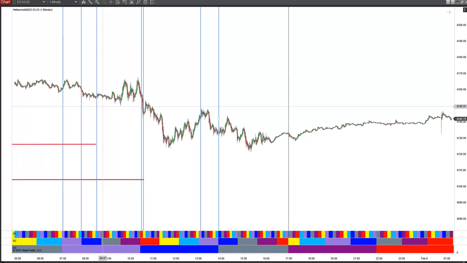And then the point where we had the two come together gave us the nice low right there at the red to yellow black. And then for the afternoon segment, we had this high here triggering off a good short, and then that ran right down until the end of that segment where it reversed.